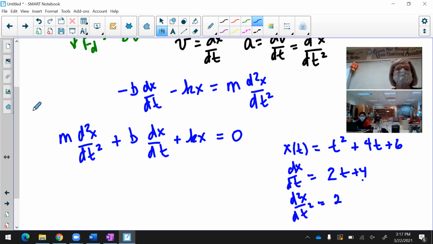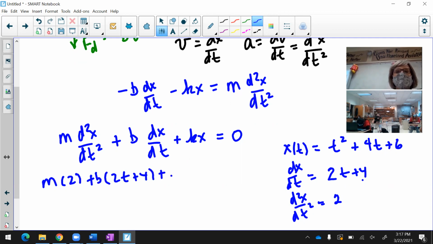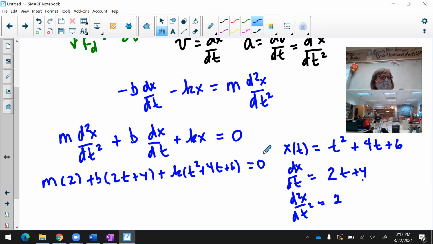So if I substituted all of that in over here, I'd get m times 2 plus b times (2t plus 4) plus k times (t squared plus 4t plus 6). And that would have to be equal to 0 for every value of t, and that can't really happen.